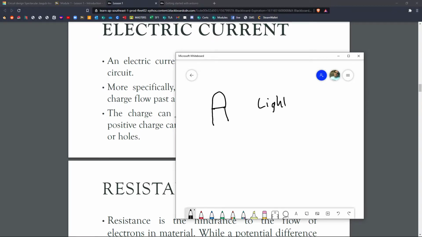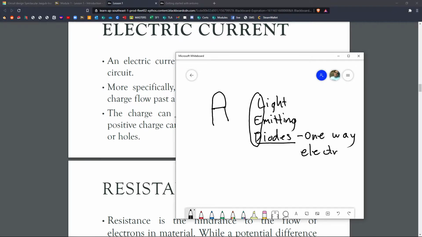A diode, for instance, is a one-way electronic device, meaning it can only pass current in one way. It allows this way, but it cannot allow the opposite.